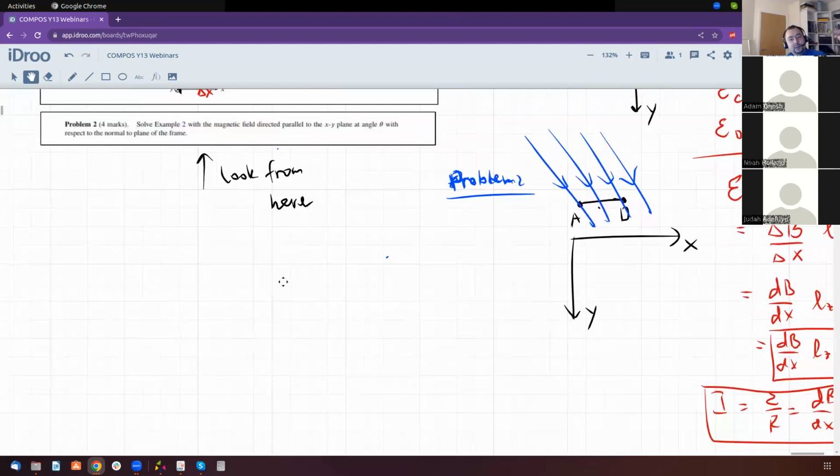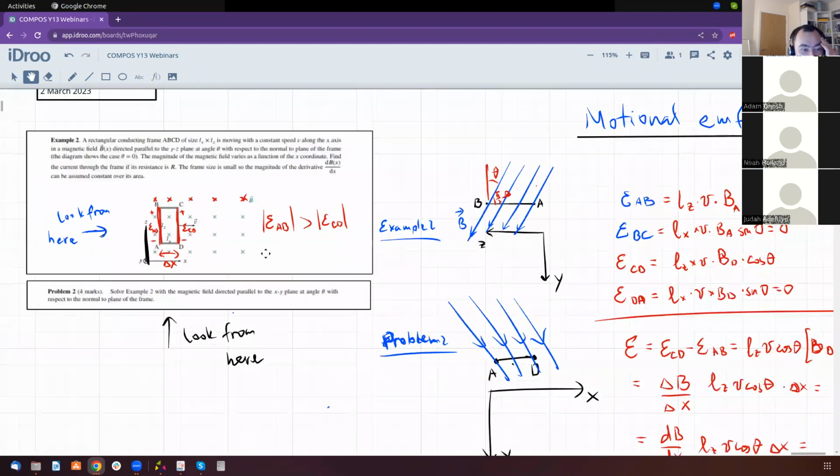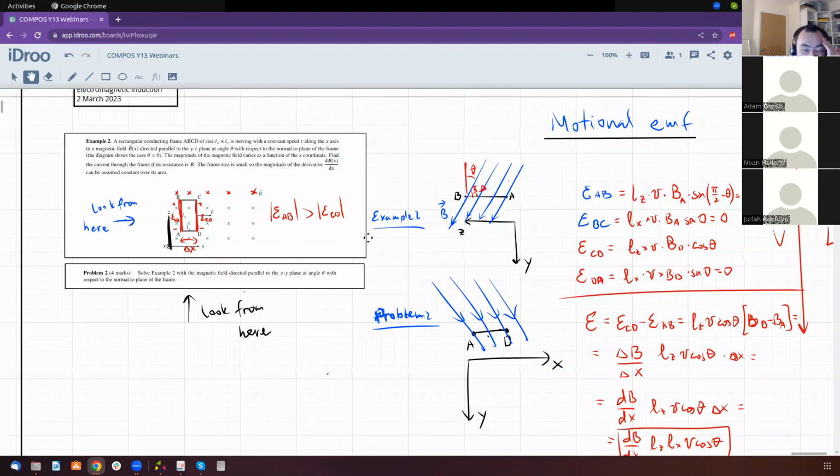Right, so we have the movement in this direction, and the field going, how I started the problem. Yeah, so the example 2. So what I did is I have drawn out the diagram for example 2.